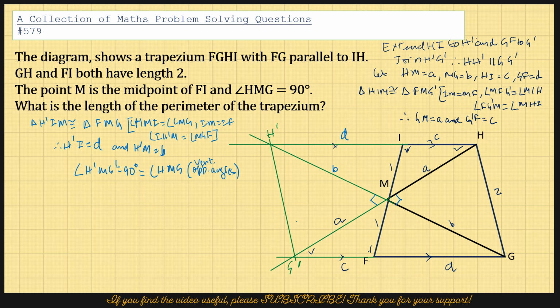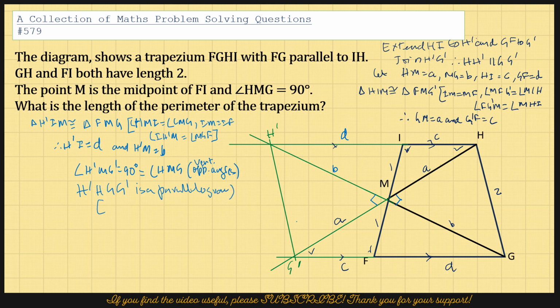And therefore H dash HG dash is a rhombus. Alternate sides are equal, C and D. So all sides are equal, actually, because first of all, we start with a parallelogram.